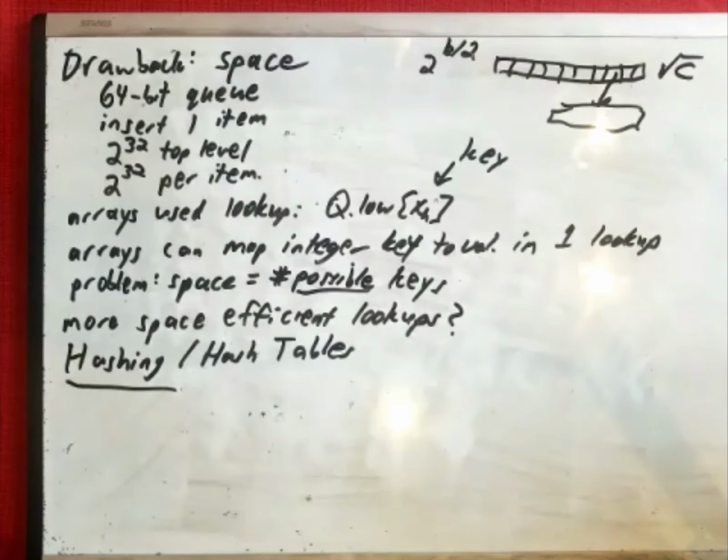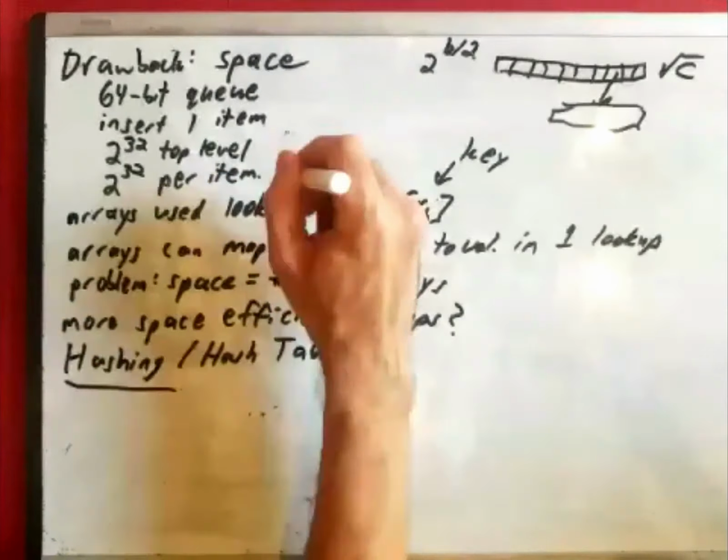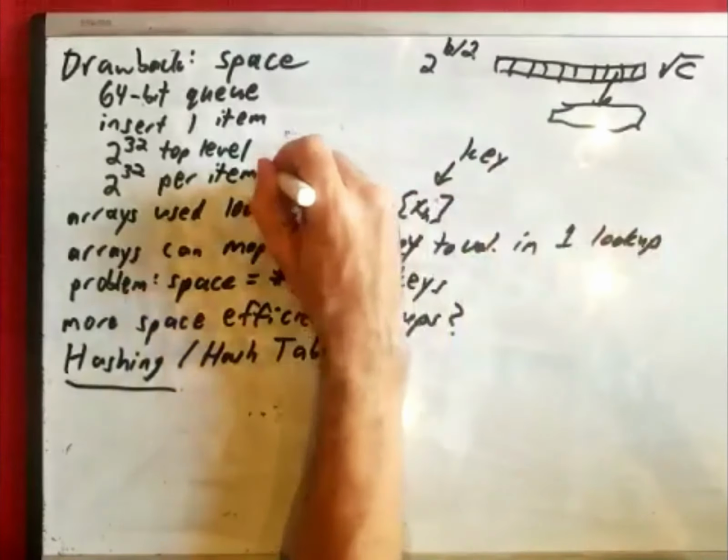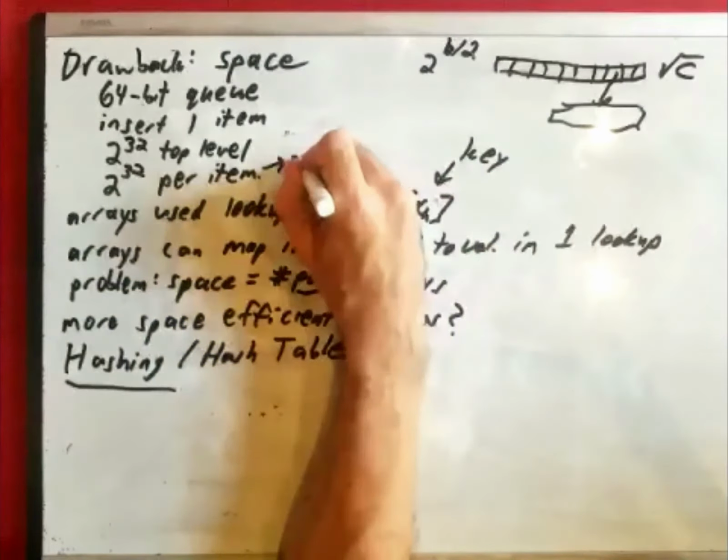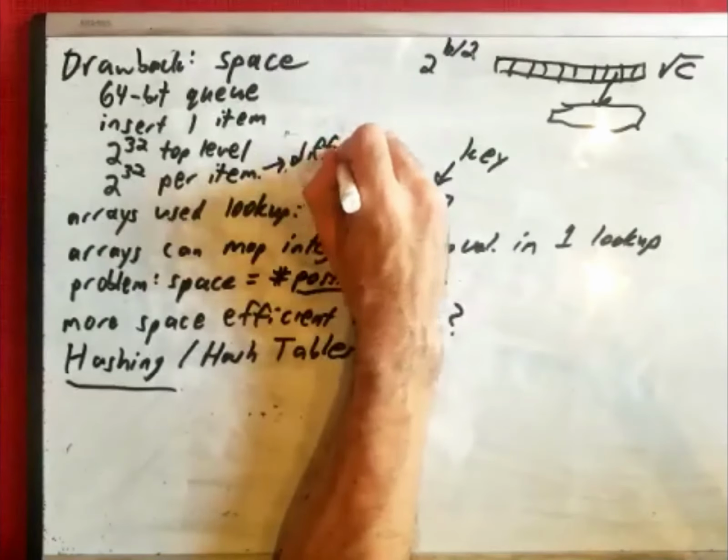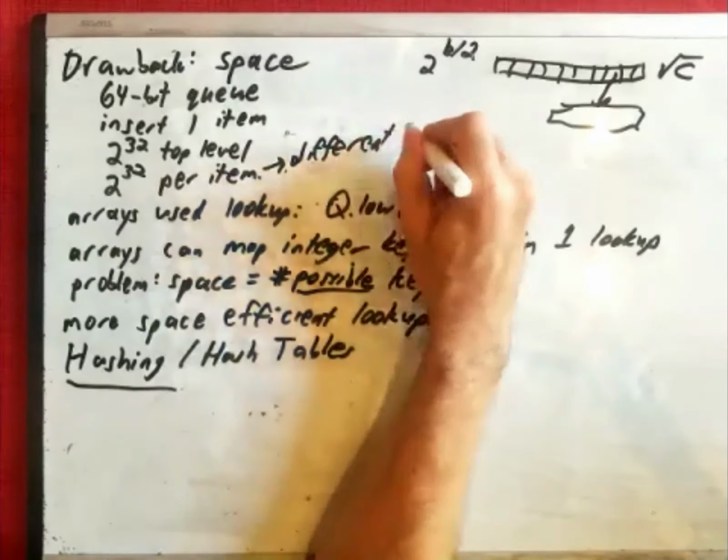What is the per item cost you're counting? Sorry, 1. No, I mean, why are you counting the per item for the queue? I'm talking about the second. Oh, this. Right, because this is assuming that they all land in different level 2 blocks.